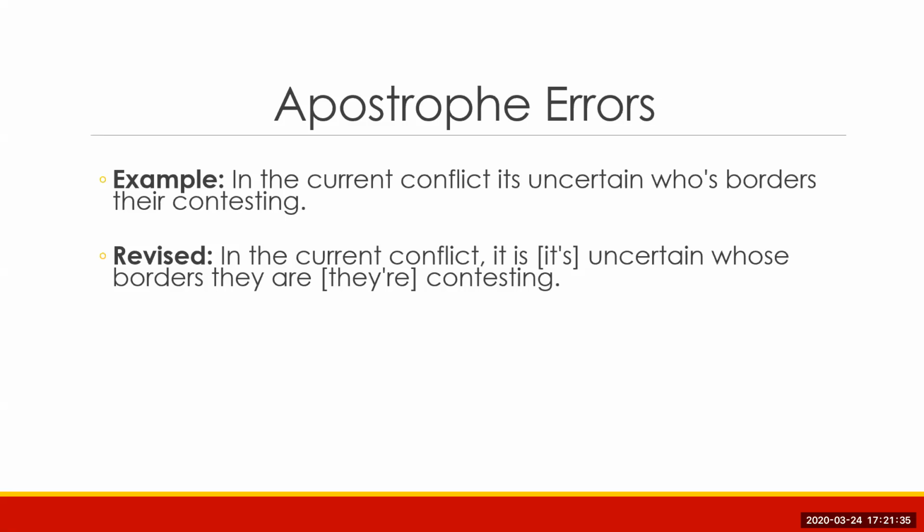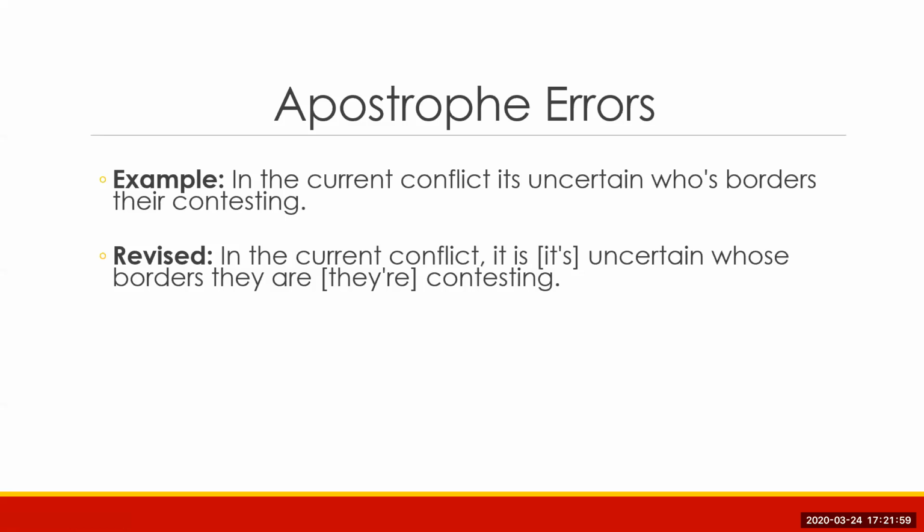So for example, in the current conflict, this is a dependent clause, which means it depends on an independent clause. You have to have both of them if you have a dependent clause, because a dependent clause cannot stand alone. That is why there is a comma here. So in the current conflict, comma, it is.